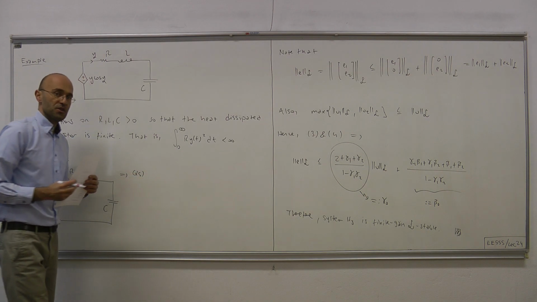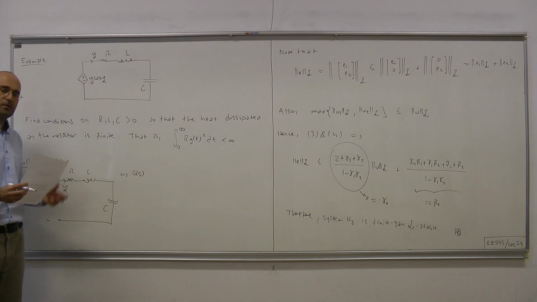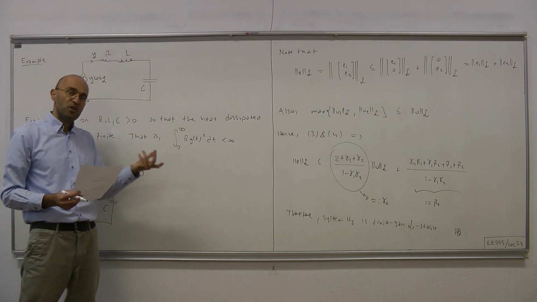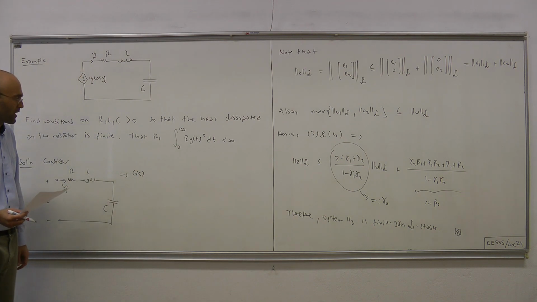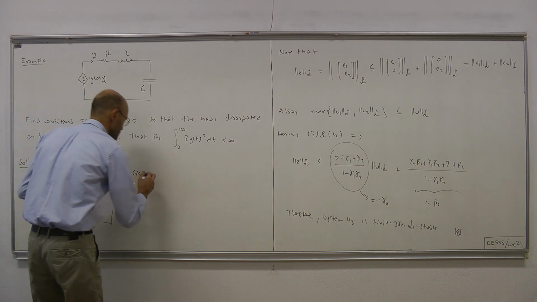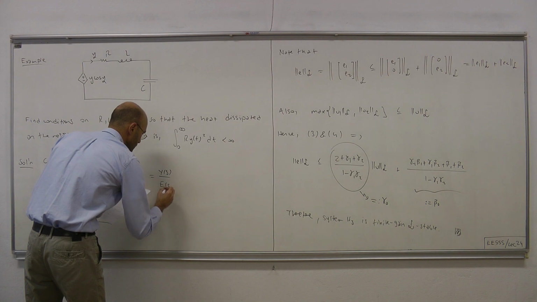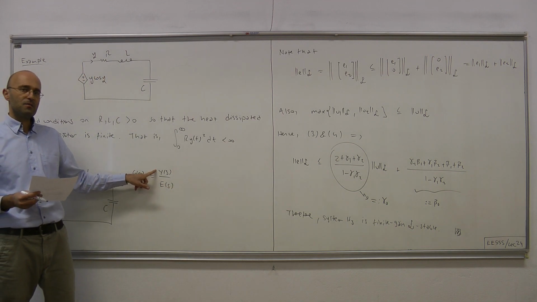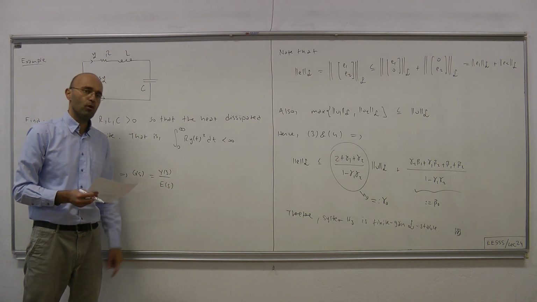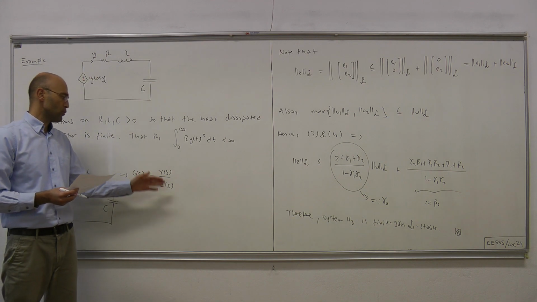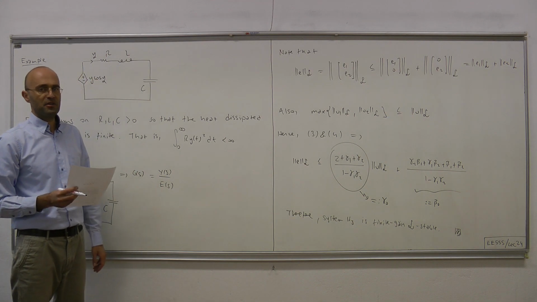Since this is a linear system, the input and output satisfy a relation that can be described by a transfer function. And that transfer function, P of S, is Y of S over E of S. Y is the current, E is the voltage. Therefore, we're talking about current over voltage, that is the admittance.